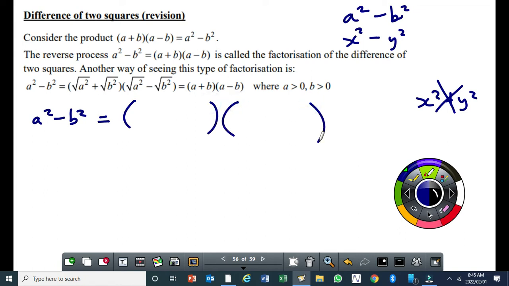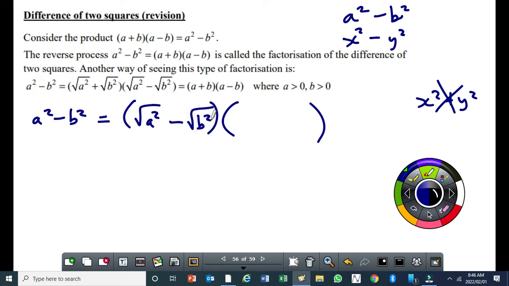I'm taking you back to the basics of what happens during factorization by difference of 2 squares. So what you do, you find the square root of the first term of the binomial. If there's a minus, you can start with the minus between the terms. Then you find the square root of the positive of the second term, so that will be the square root of b squared.